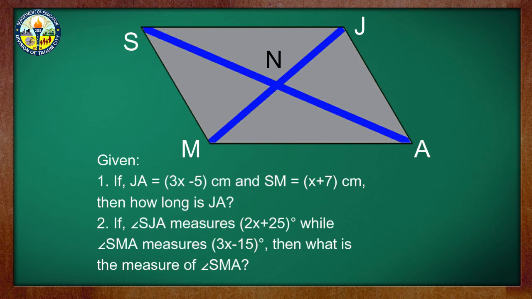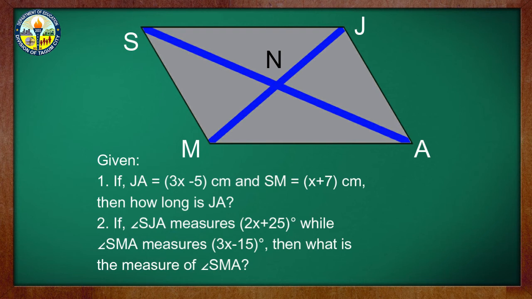Number 1. If line segment JA is equal to quantity 3x minus 5 centimeters and line segment SM is equal to x plus 7 centimeters, then how long is line segment JA? Number 2.